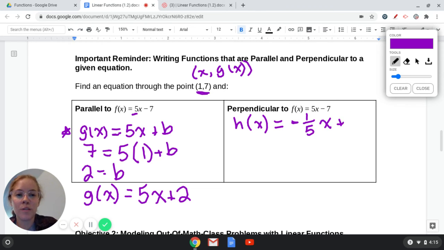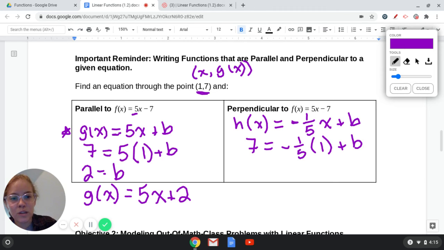x plus something. We're going to do the same process to solve for that b, so we're going to replace h of x with 7. It's going to equal negative 1/5 times 1 plus b. All right, negative 1/5 times 1 is negative 1/5. I'm just going to write this as a mixed number. So 7 and 1/5.